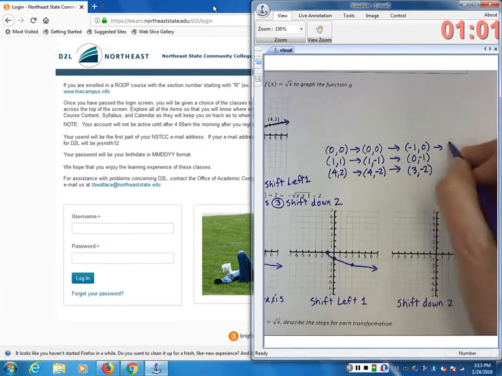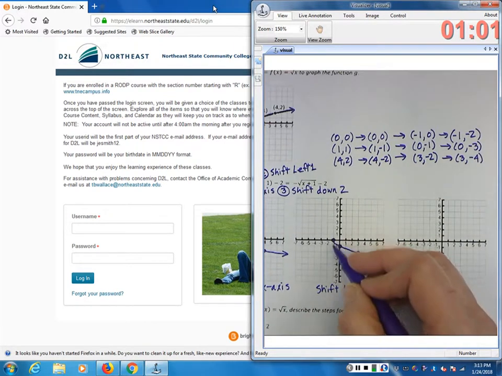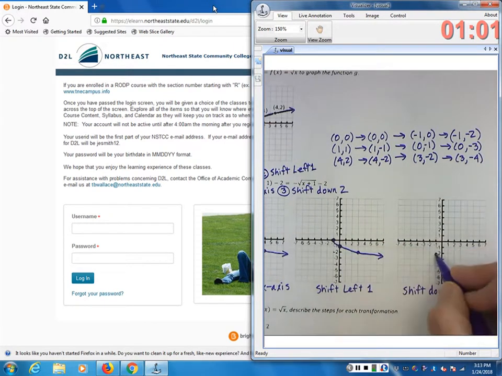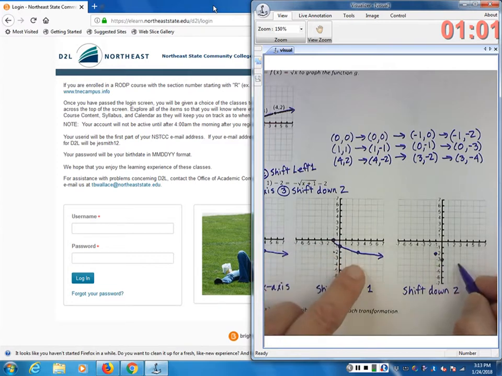If you want to write it out, -1, -2, 0 stays the same, -3, and 3, -4, and you just go down 2, down 2, down 2. And that's what you get. You can check that in your calculator.